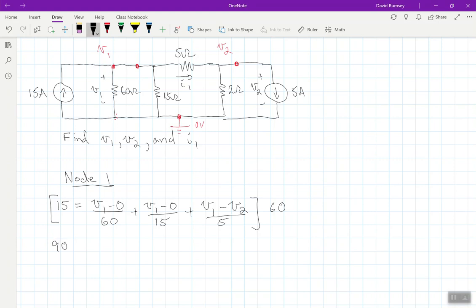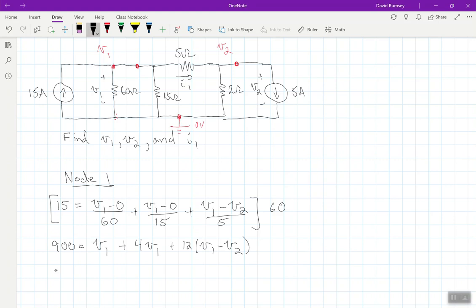So you'd have 900 equal to, well, 60 divided by 60 is 1, so you get V1. 60 divided by 15 is 4, so you get 4V1. And 60 divided by 5 is 12, so you'd get plus 12 times V1 minus V2.